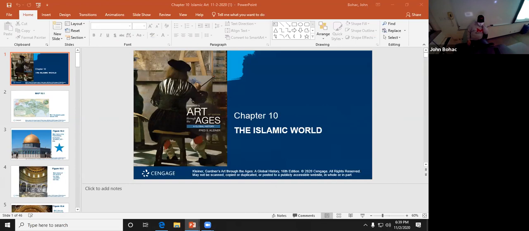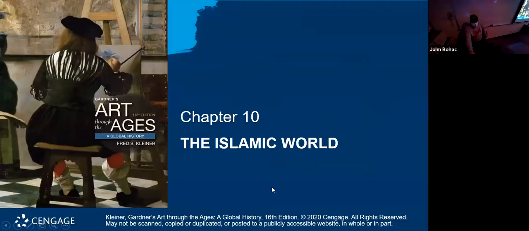And so, thus begins Islamic art. What I want to talk to you about is what we were talking about the other day: the awareness that Islam comes out of the Christian religion.